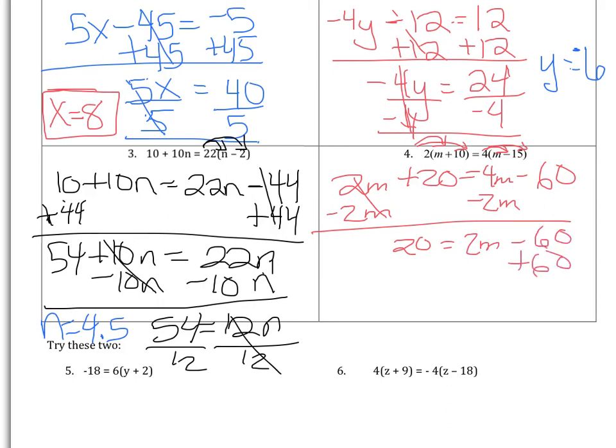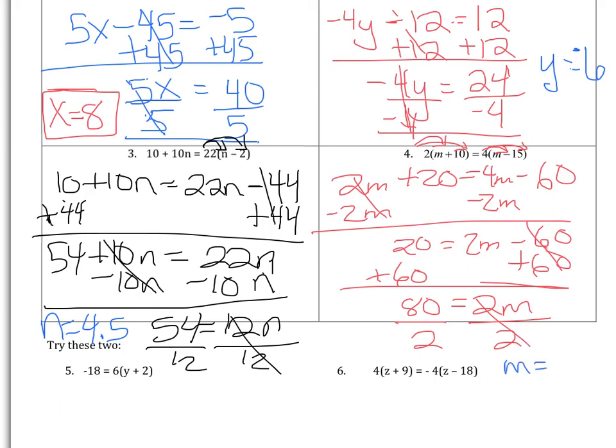I could add 60 to both sides. So 80 equals 2m. Finally, to solve for m, I can divide by 2. And I'll get m equals 40. I could always check by plugging into the original problem to make sure it works out.